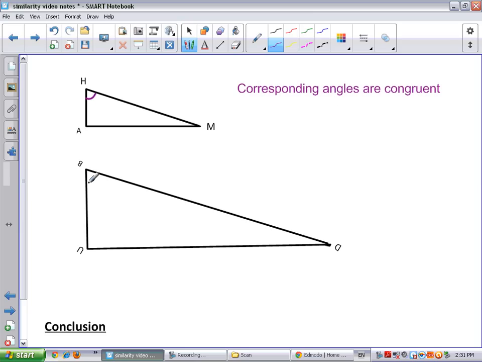So angle H and angle B were congruent. Angle A and angle U were congruent. And angle M and angle D were congruent.